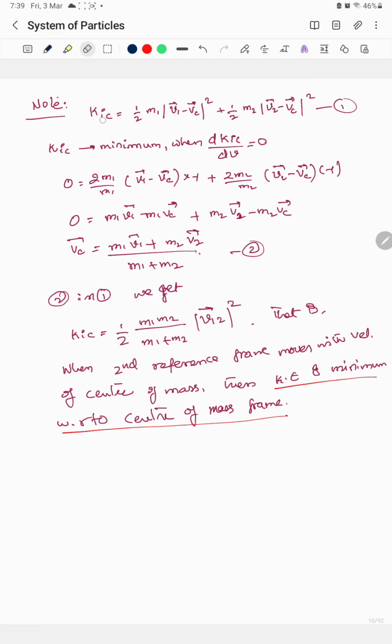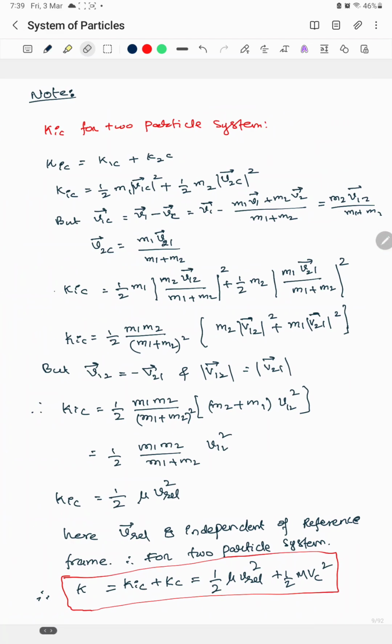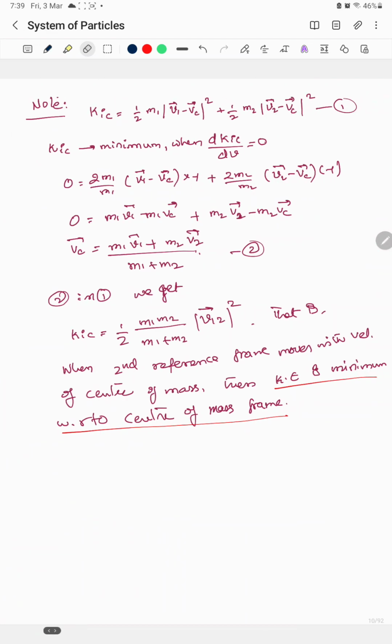Next, here Kic is equal to half M1 V1c square plus half M2 V2c square, as per this equation, and Kic is minimum when its differentiation is 0.